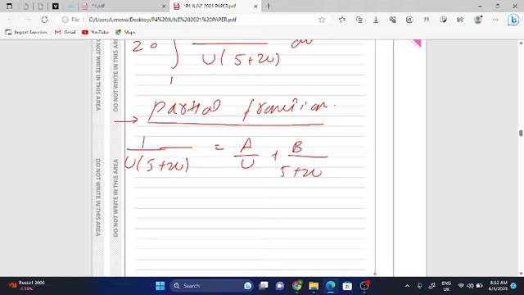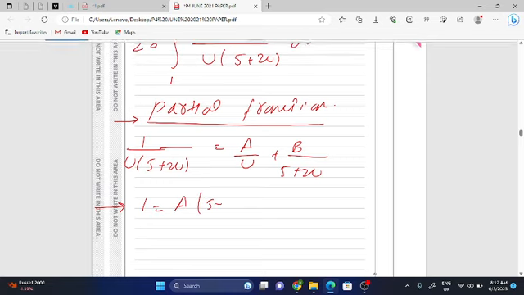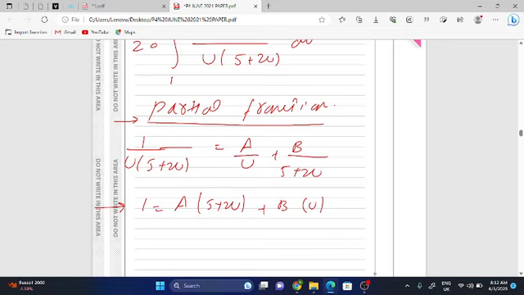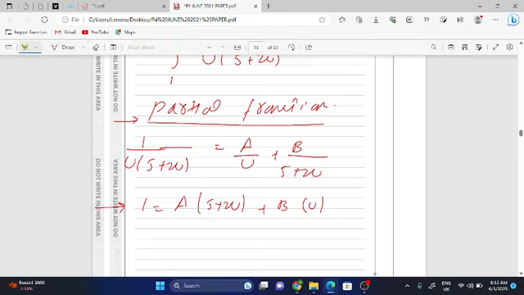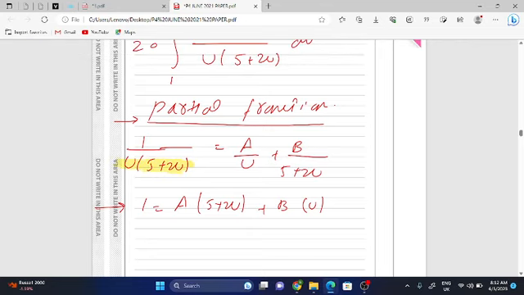Hope you are familiar with partial fraction already. So 1 is equals to a times 5 plus 2u plus b times u. What I did over here, because the rule of partial fraction is that the denominator term of the left hand side should be multiplied by each side on the right hand side.